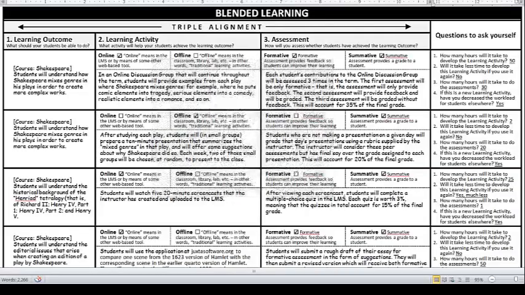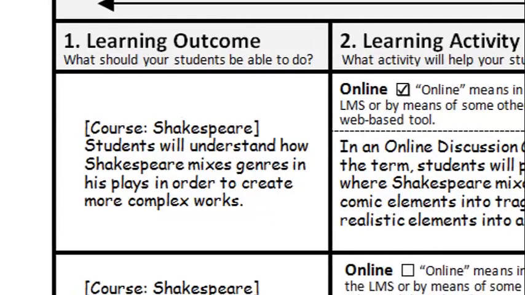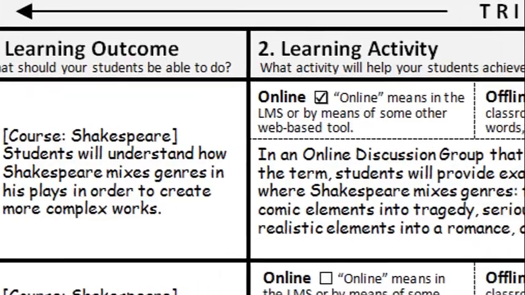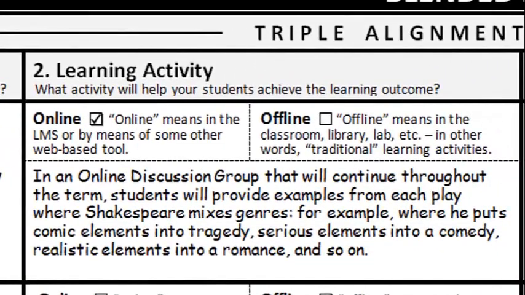Let's start with the instructor's first learning outcome, which is this. Students will understand how Shakespeare mixes genres in his plays in order to create more complex works. The corresponding learning activity that the instructor has devised is this. In an online discussion group that will continue throughout the term, students will provide examples from each play where Shakespeare mixes genres.